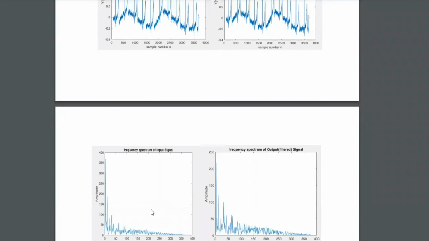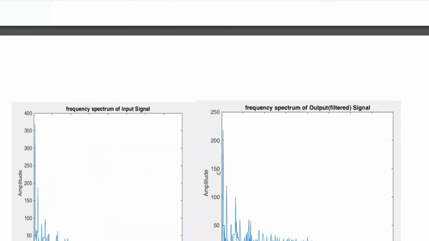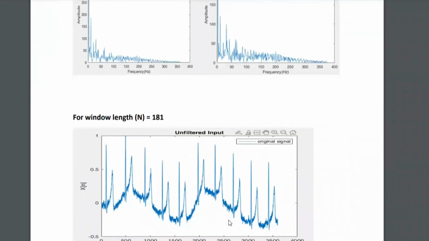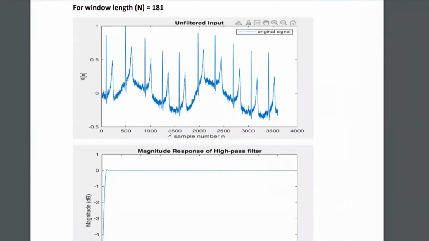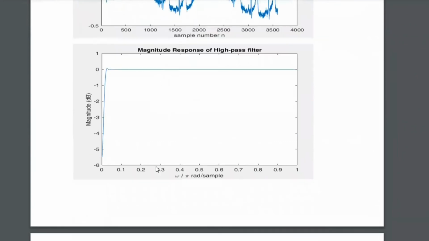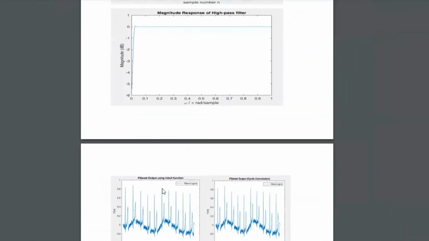You can see here, this is the unfiltered signal and this is the filtered signal frequency spectrum. You can see that the 1 Hz frequency component is gone here. As we are increasing N, we are taking N equals 181. You can see that the output is getting more flattened.